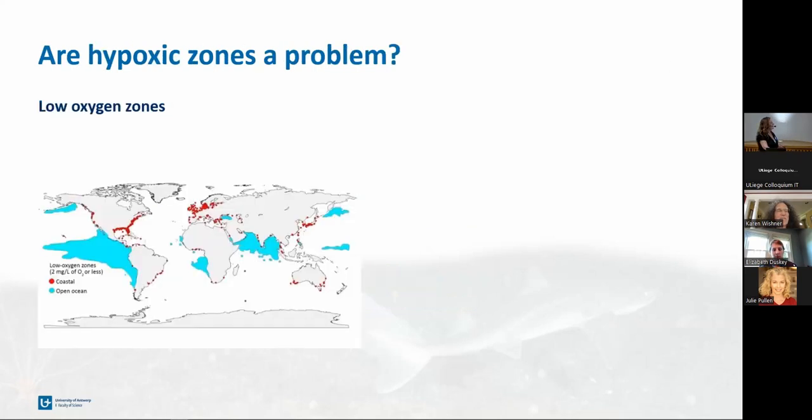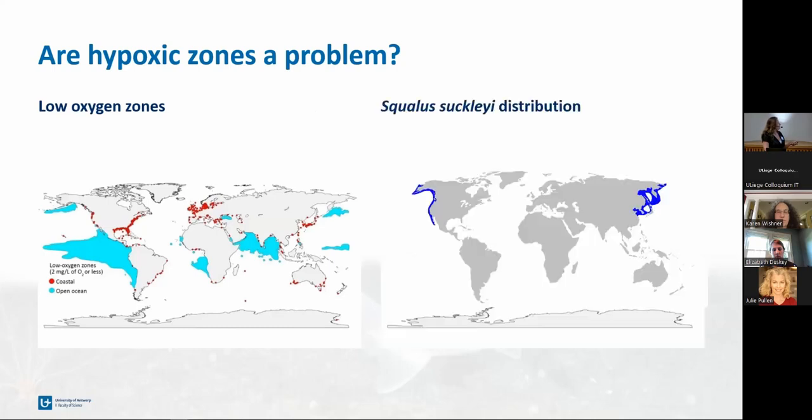So we've seen this map before. I'm glad I also put it in, or I would feel a bit excluded. Well, if we look at where these hypoxic zones are, and then we look at the distribution area of the Pacific spiny dogfish here for the west coast of the United States and Canada, and in Asia, you definitely see red dots there and here as well.